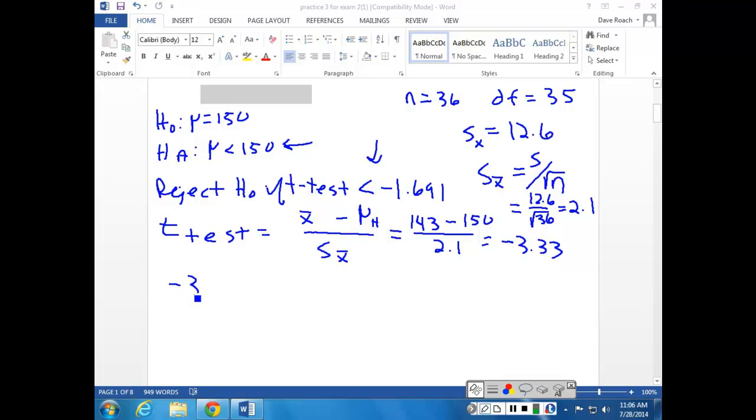And minus 3.33 is less than minus 1.691. Therefore, we reject H0. Conclude that mu is less than 150.